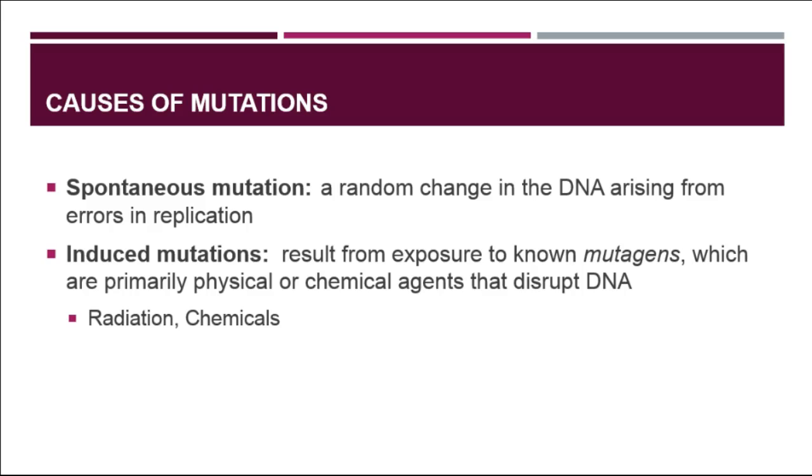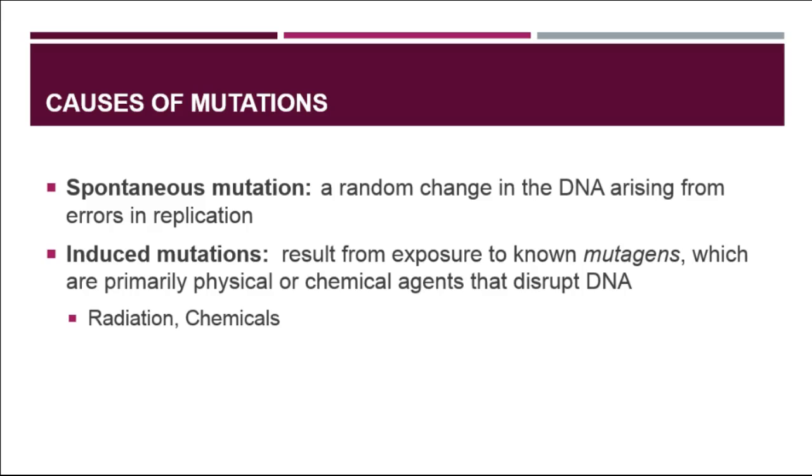There are several causes for mutations. Some of them are spontaneous, so they just happen randomly, and others can be induced or caused. So a spontaneous mutation can arise from errors during DNA replication, and that's just a random mutation. Nothing caused that, it just happened.